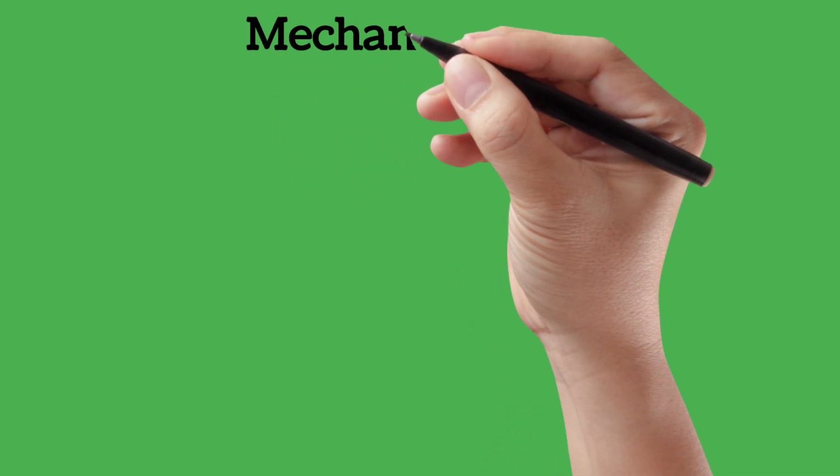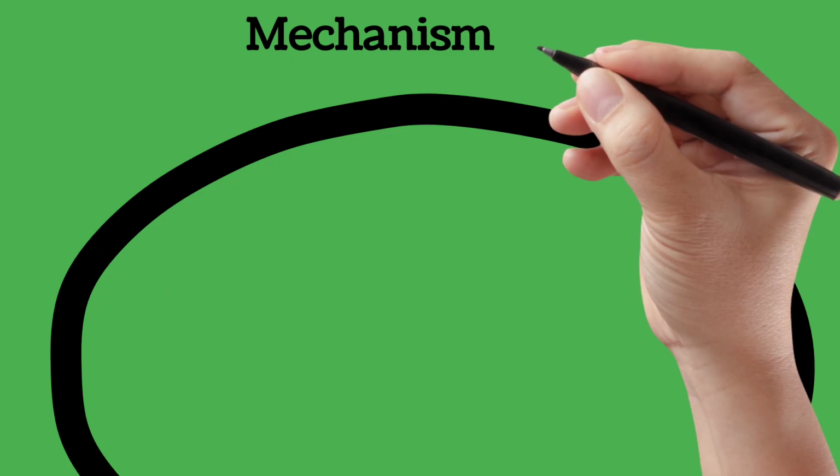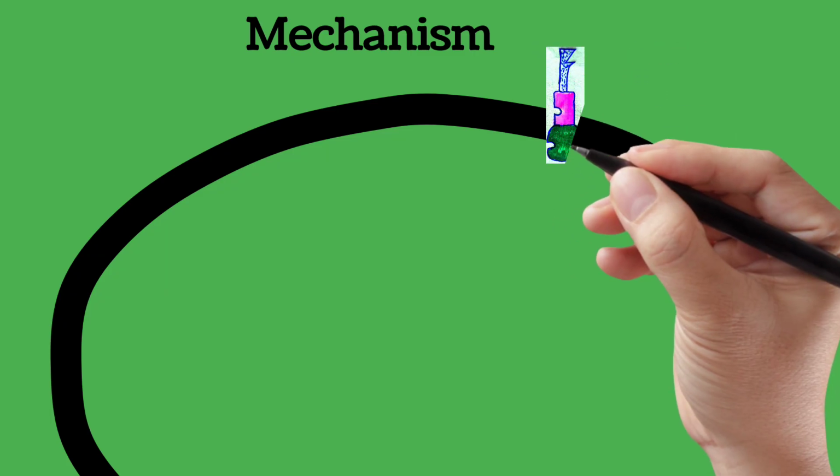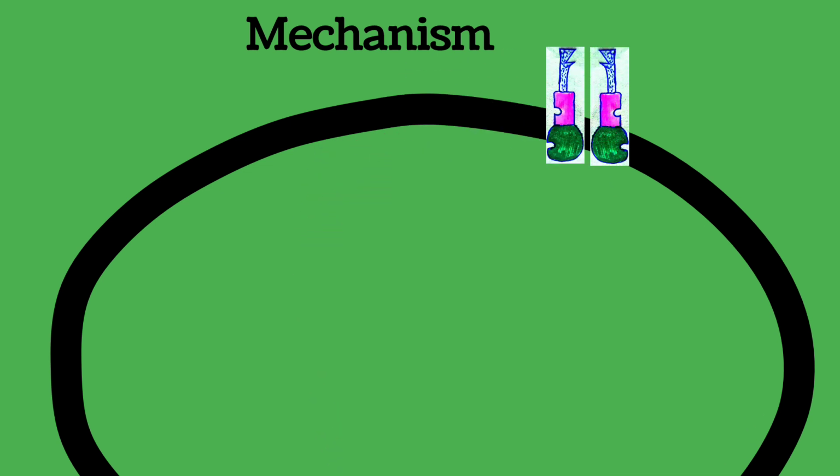Now in the last part of the story, let me tell you what happens in the mechanism, how the whole cytokinin signaling is driven. Let me show you a diagrammatic representation. This is the cell membrane. On this cell membrane, we have two monomers of CRE1 or AHK receptor.